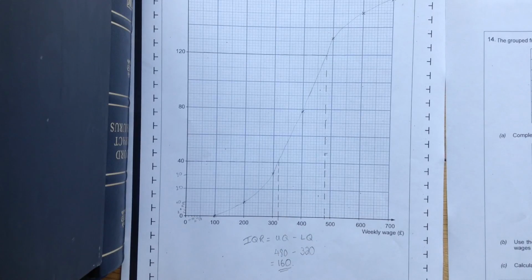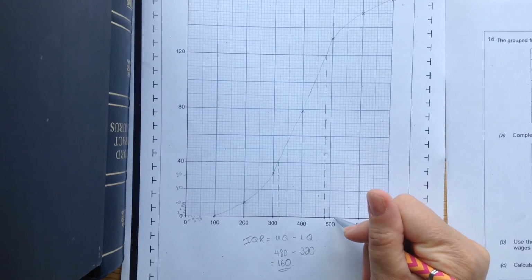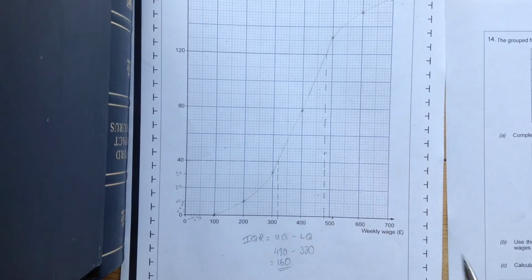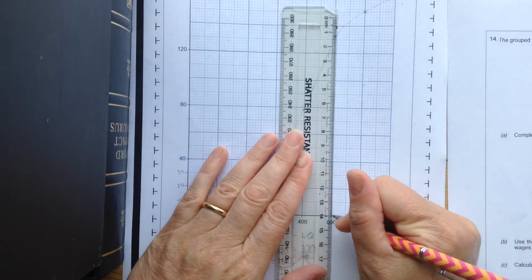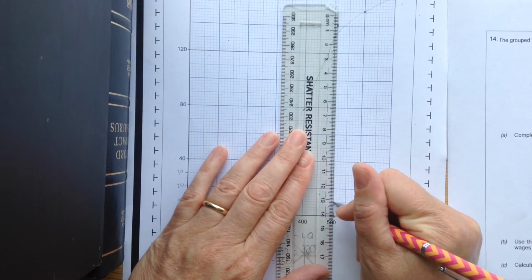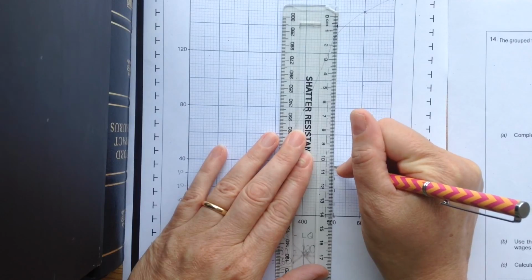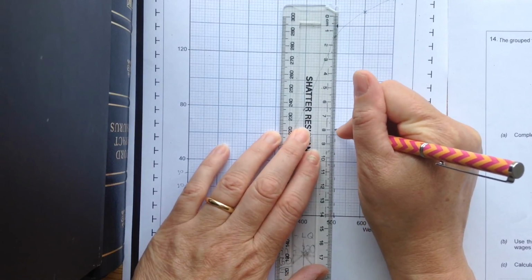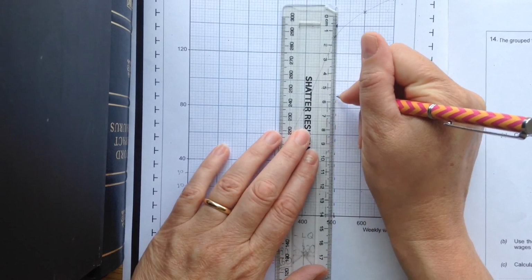Right, now it says estimate the number of workers with a weekly wage of more than £520. So, going up to 520 by here, and we're going to read this value off the graph first of all. Again, I'm putting my line on so the examiner can see exactly what I've been up to and how I've worked my answer out. So up I go.